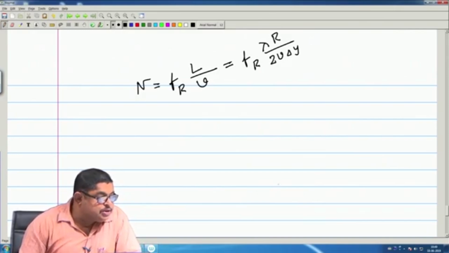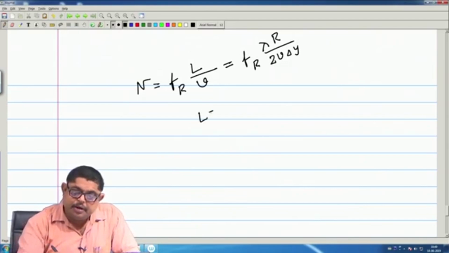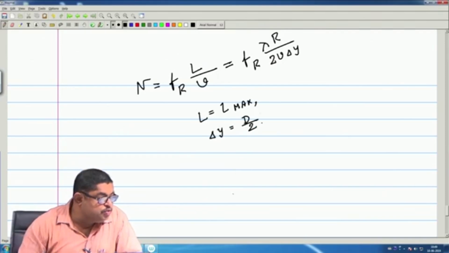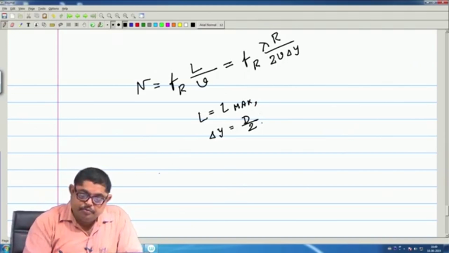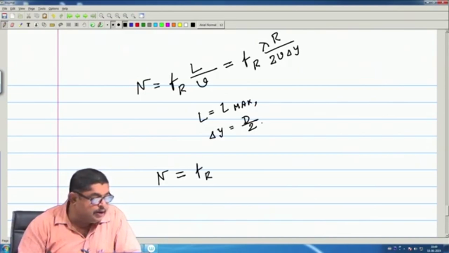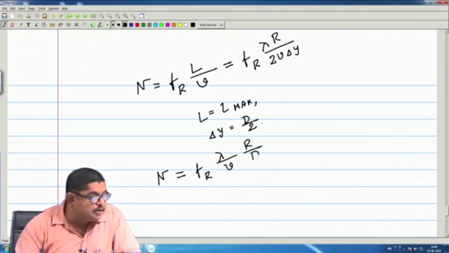So, using equation 11, we have said this L is L max and delta y will be again d by 2. So, doing all this you will get that n will be FR lambda by V r by d.